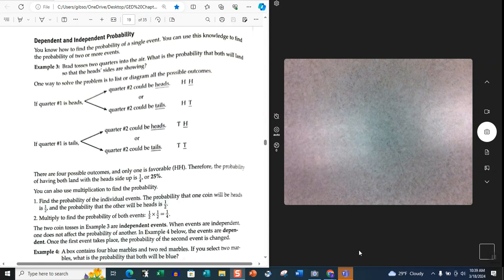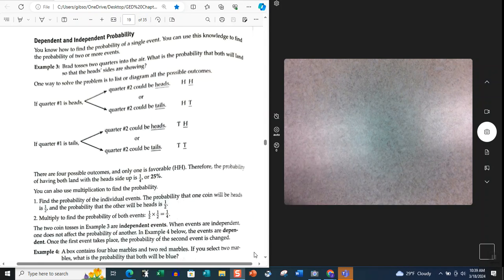Example 3. Brad tosses 2 quarters into the air. What is the probability that both will land so that the head sides are shown? One way to solve the problem is to list or diagram all the possible outcomes. So quarter number 1 is heads. Quarter number 2 could be heads, or quarter number 2 could be tails.